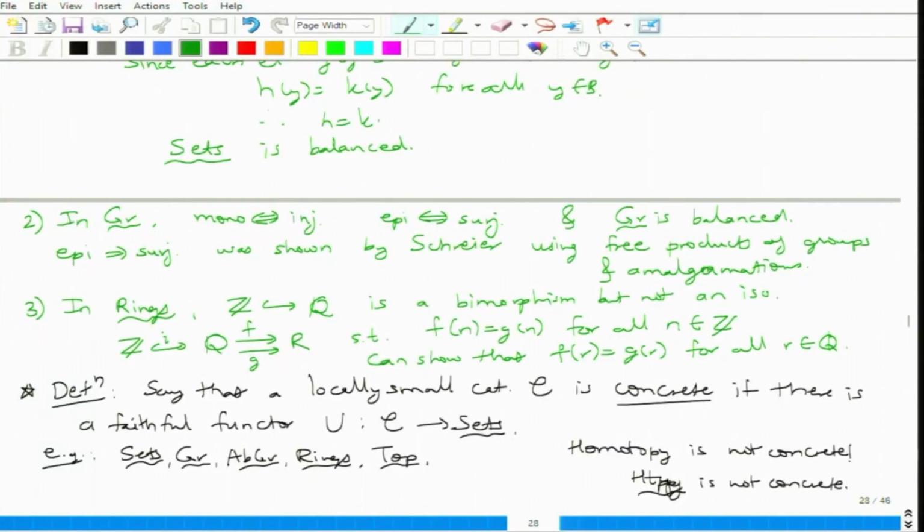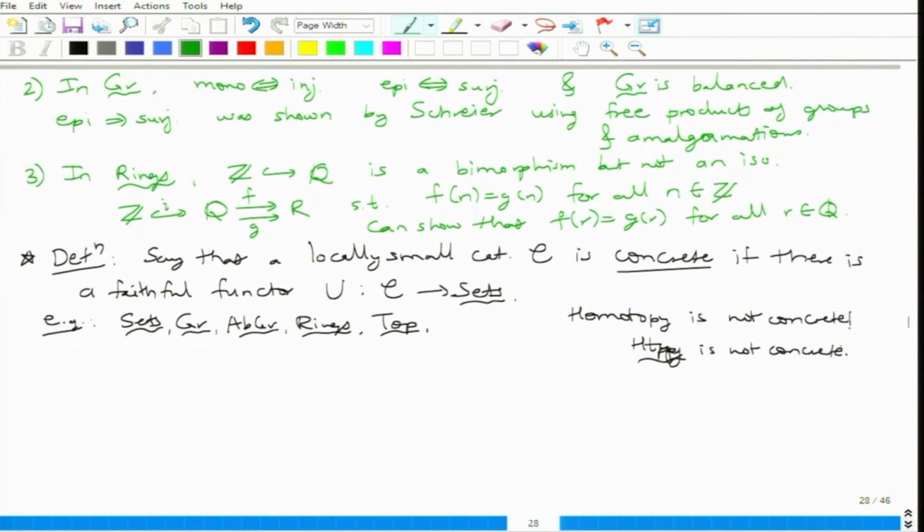Can you tell me whether Top is balanced or not? No? Tell me why. We have seen bijective continuous functions which are not homeomorphisms. We just have to check that injective continuous functions are mono and surjective continuous functions are epi.